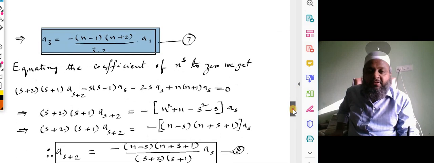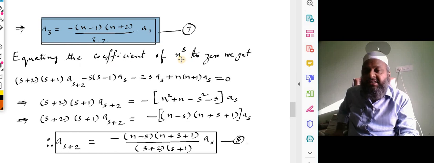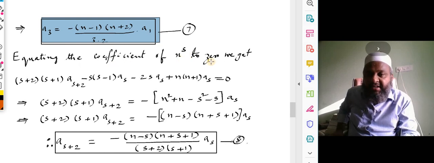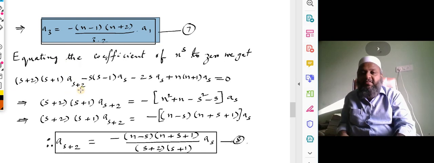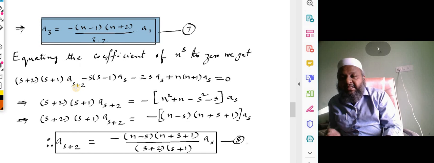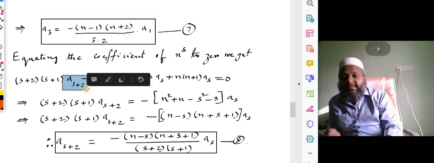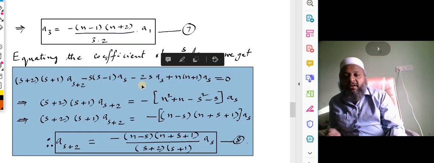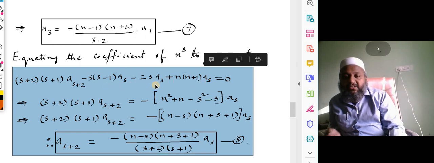Similarly, if you take the coefficient of x to the power of s in general and make it equal to 0, you will be getting this one. This is from the previous summation, after like terms combined we got this one. So here it is as plus 2, and remaining are all as. So taking as common from all of these terms and taking all of this on the right hand side, I have taken minus here.